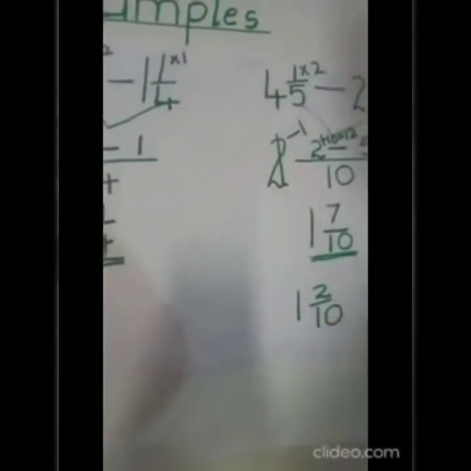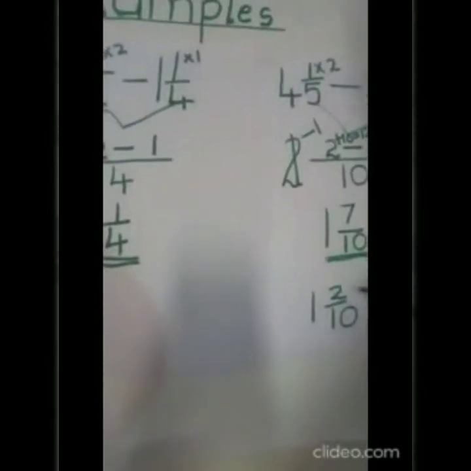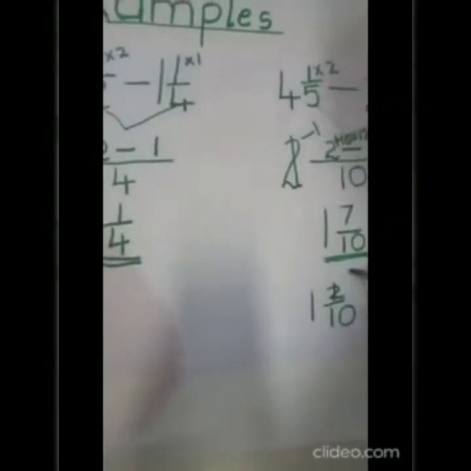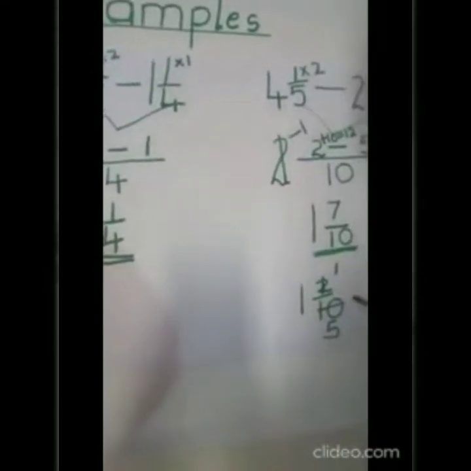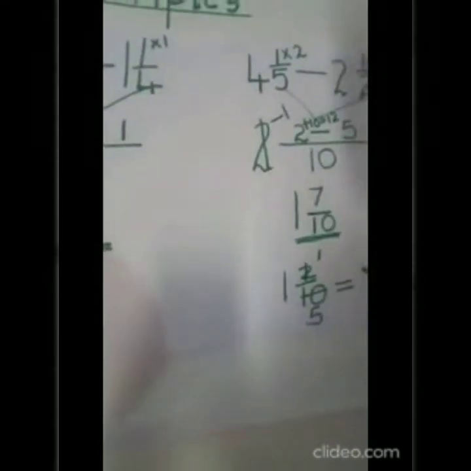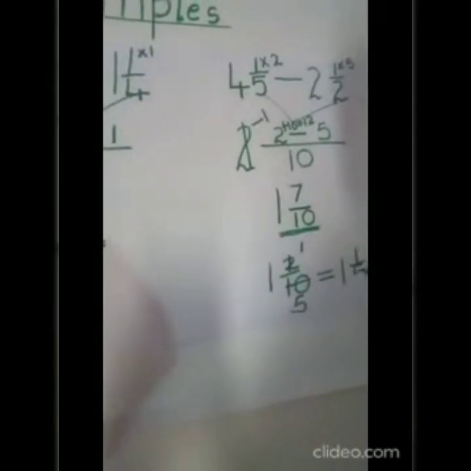This can be reduced to its lowest term because 2 can get into 10 and can get into itself as well. So we say 2 into 2, 1. 2 into 10, 5. So your final answer will be 1 and 1 over 5.